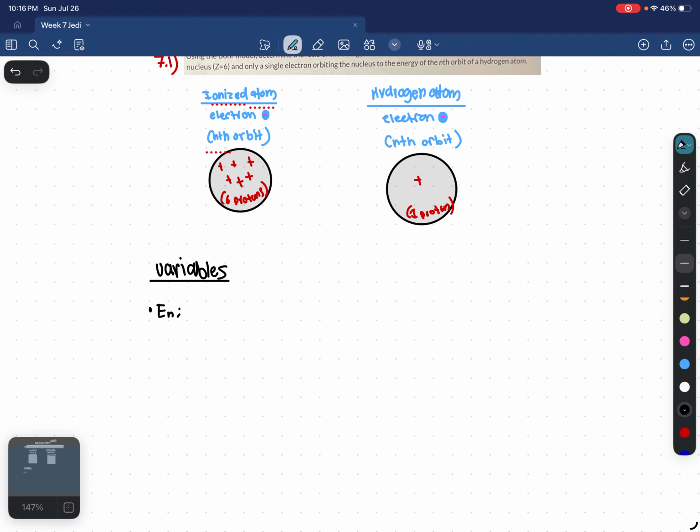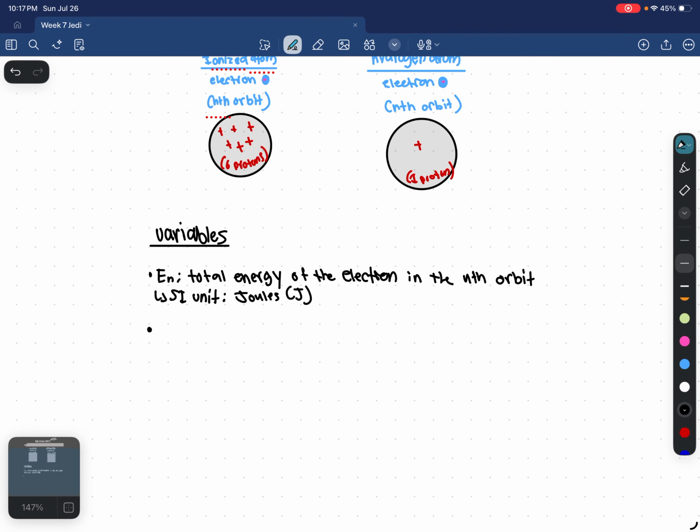It represents the total quantized mechanical energy of the electron occupying the ninth orbit of a hydrogen-like atom, and the SI unit for this is joules. So I'm going to write that: the total energy of the electron in the ninth orbit, SI unit in joules, or just J.